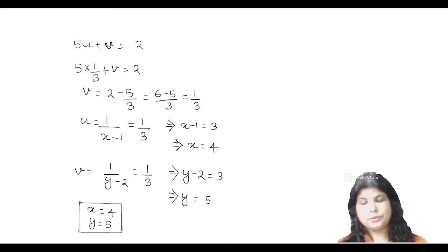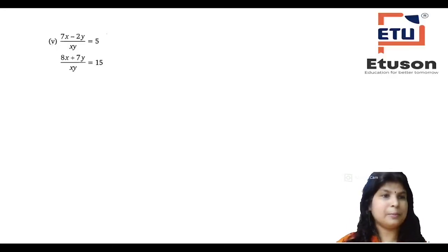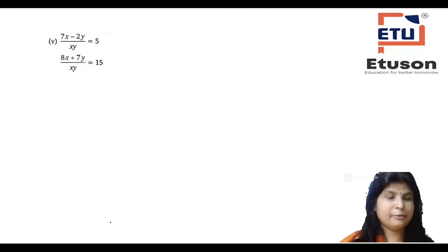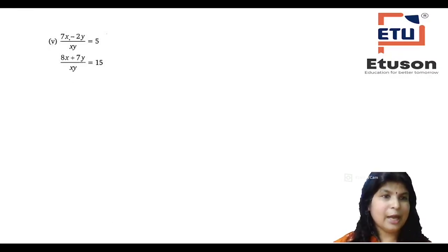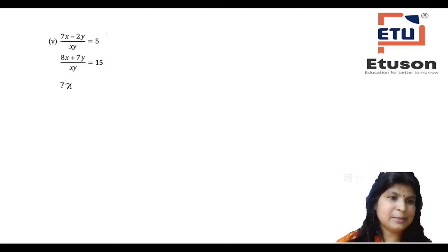Now let us go to the next problem, that is bit 5. So it is a little different from the previous one. So here we have 7x minus 2y by xy is equal to 5. So what I will do, I can just individually take the denominator and bring it to a simpler form. So can I write down the first equation like this?